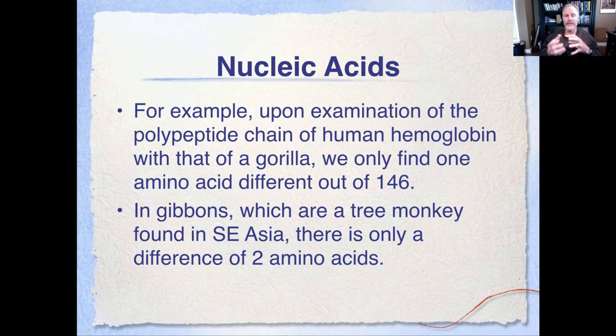And then if you look at gibbons, which is another type of tree monkey, very closely related to humans and gorillas, there's only a difference between the hemoglobin of the gibbon and the human of 2 amino acids. So the three are very closely related, and the human and the gorilla are more closely related than the human and the gibbon because there are 2 amino acid differences between the human and the gibbon versus only 1 between the human and the gorilla.